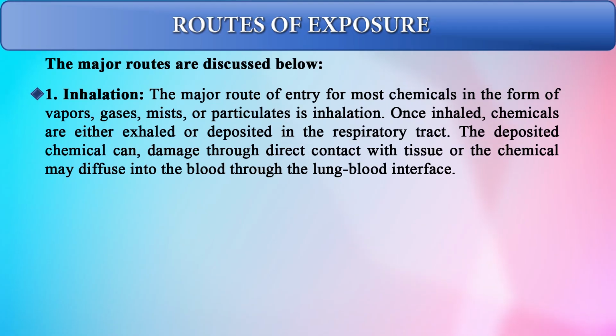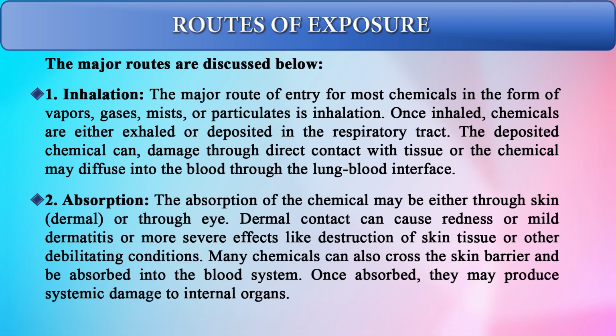The major route of entry for most chemicals in the form of vapors, gases, mist or particulates is inhalation. Once inhaled, these chemicals are either exhaled or deposited in the respiratory tract. The deposited chemicals can cause damage through direct contact with tissue, or the chemical may diffuse into the blood through the lung-blood interface. The second way is absorption.